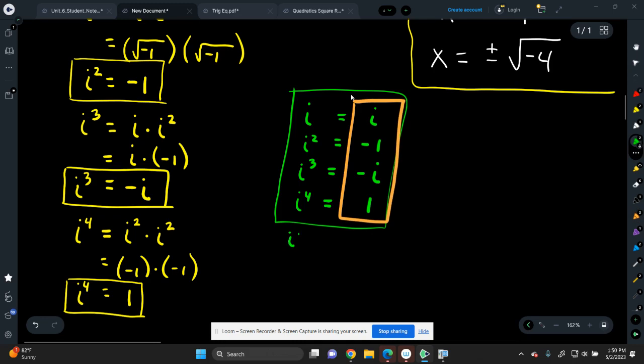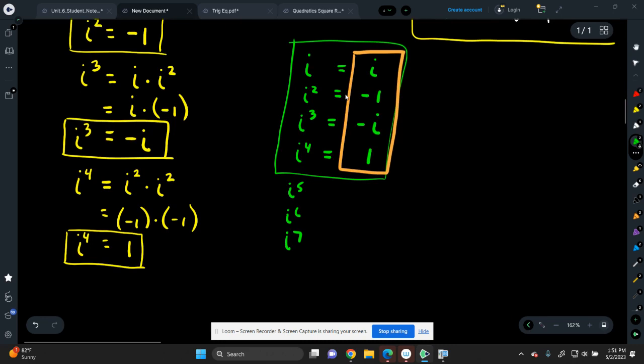So i to the fifth, i to the sixth, i to the seventh, i to the eighth. Without going through the whole thing, we're going to just look at the pattern. This is i. What do you think i to the sixth will be? Negative 1. i to the seventh is negative i, i to the eighth is 1.